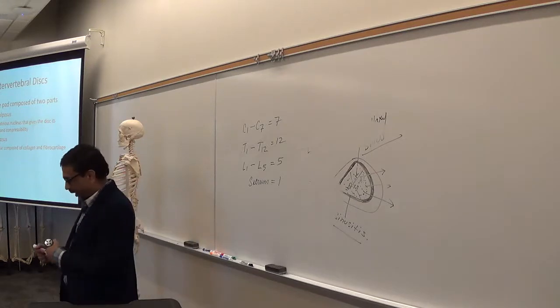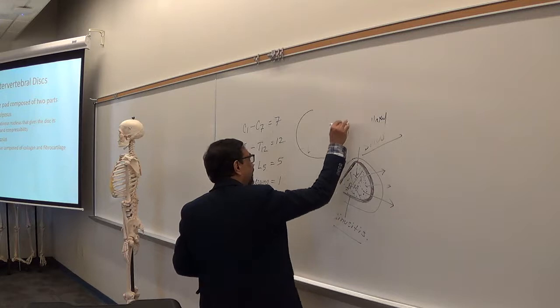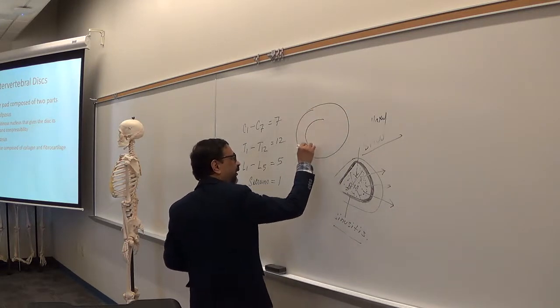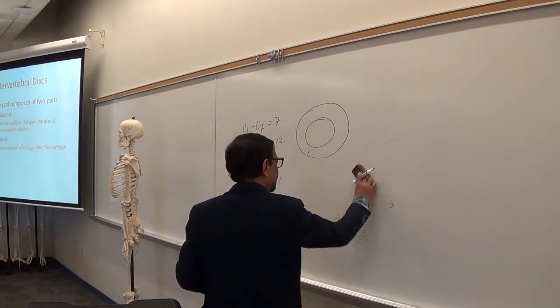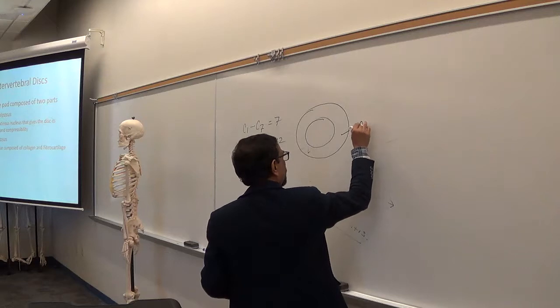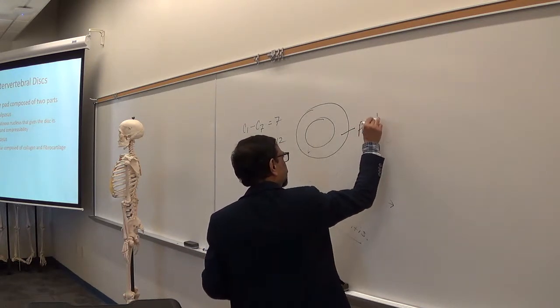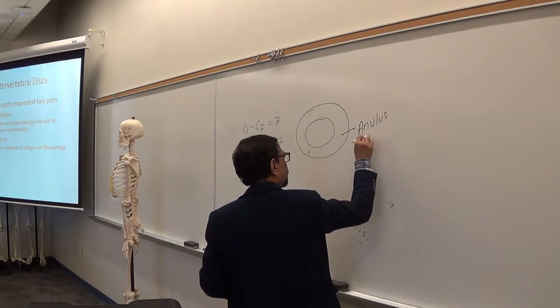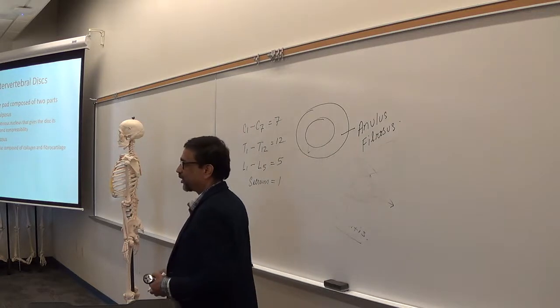An intervertebral disc has 2 parts, the outer part and inner part. The outer part is called annulus fibrosus. That's the outer part, the outer ring.